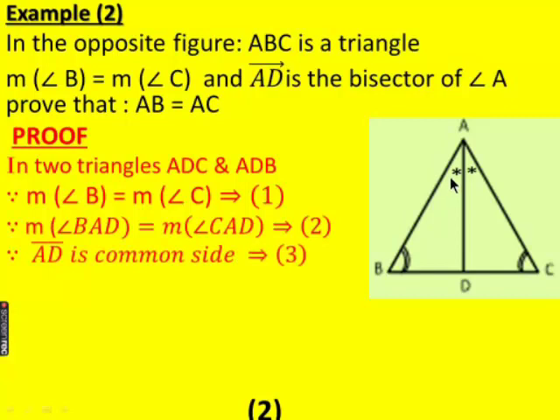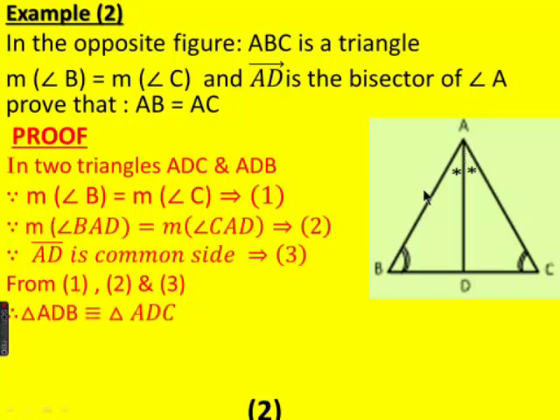And AD is a common side. Then the two triangles ADC and ADB are congruent because they satisfy the three conditions of congruency. Then from congruency we can deduce that AB equals AC.